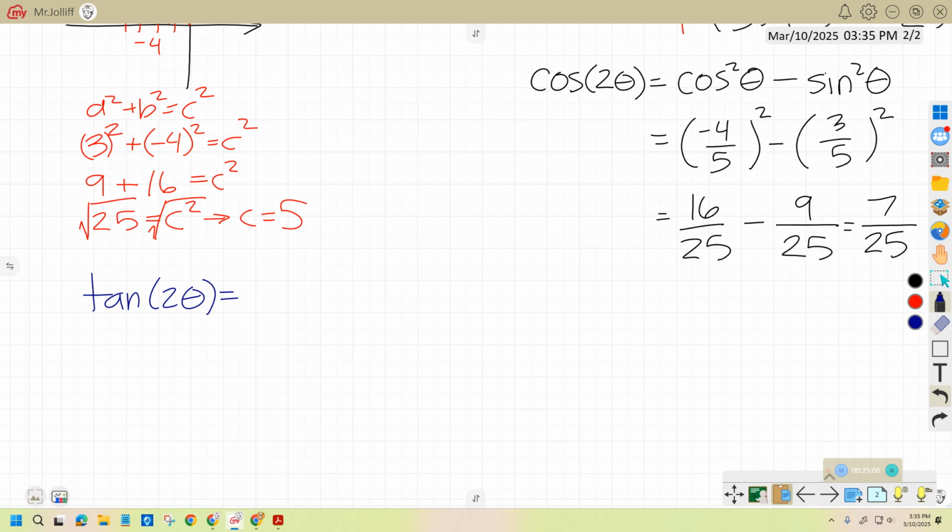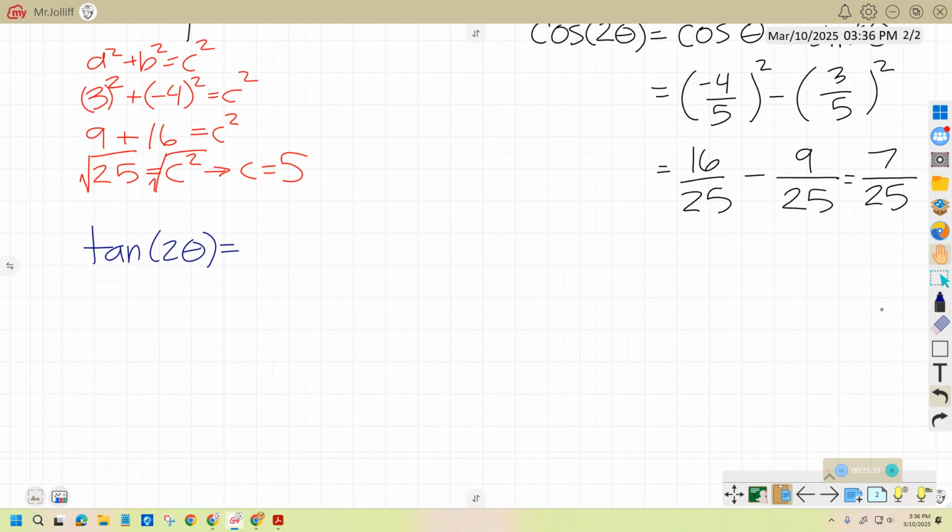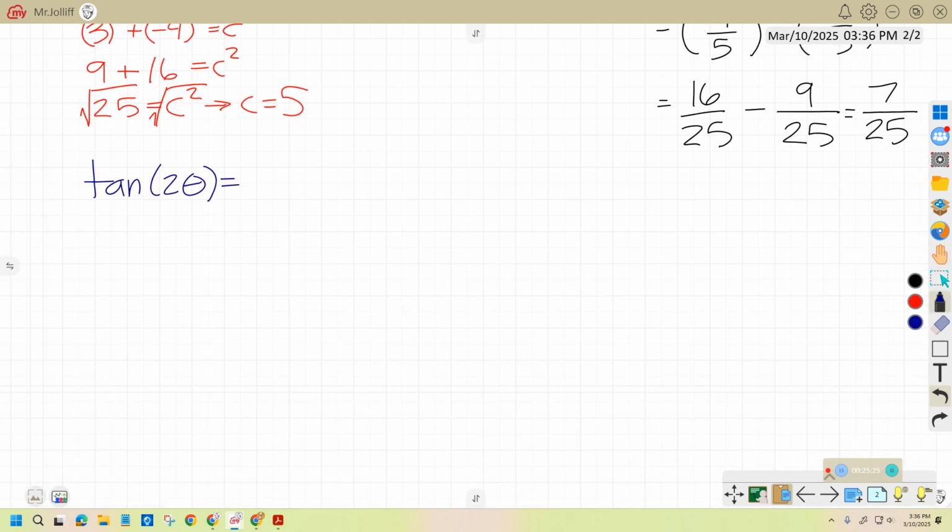Yeah, that's one way to do it. What's the other way? How do we define tangent? Okay. Two ways to do this. We're going to do them both.